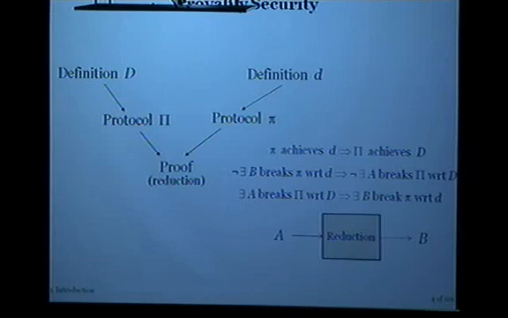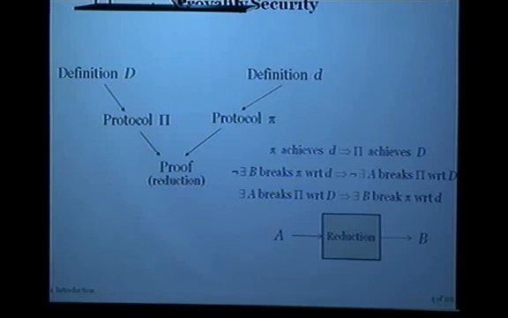So what we mean is that there does not exist some adversary B that breaks protocol little pi with respect to definition D. And similarly over here, there does not exist some adversary capital A that breaks capital Pi with respect to its definition. We then look at the contrapositive of this statement.